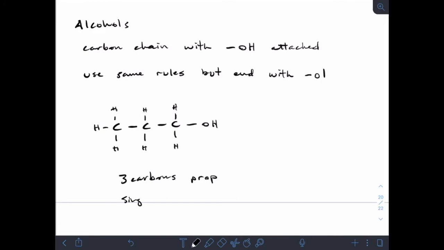We're singly bonded, so we get the ane, and then it's an alcohol, got that OH group on there, so I get an ol. So those are the 3 parts: the prop, the ane, and the ol. Put them all together and you get propanol.